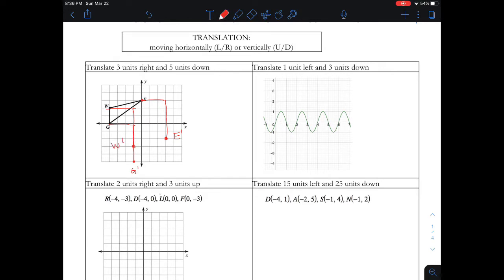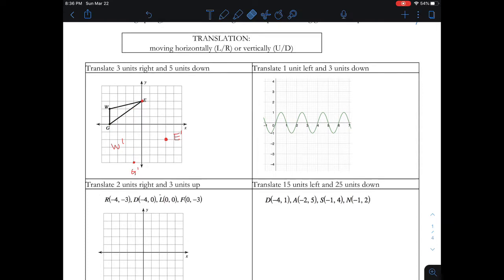Of course, you don't need to actually include these things in there. It actually looks pretty ugly. 1, 2, 3, 2, 3, 4, 5. And if I've done this correctly, it should have the exact same shape and the exact same orientation. It's just translated or slid along the plane.